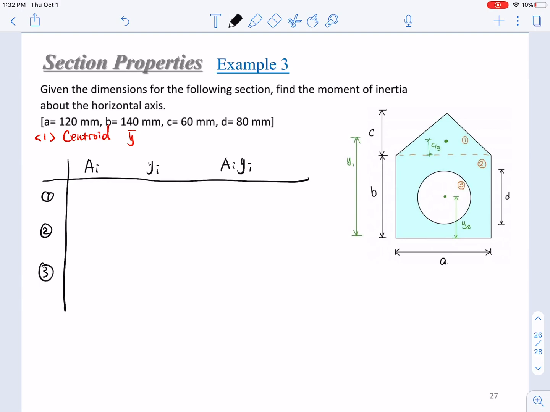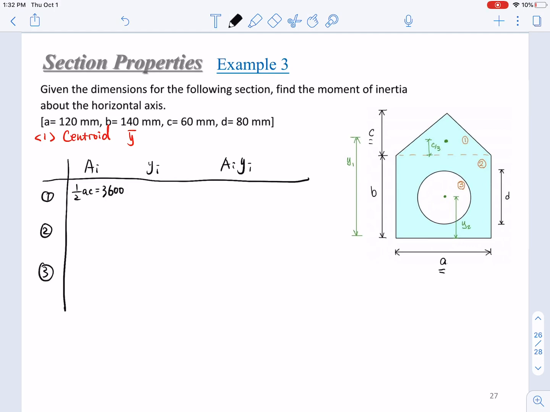A1 would be, bottom is A, height is C, so this is half AC. A is 120, C is 60, over 2. That will be 3,600.